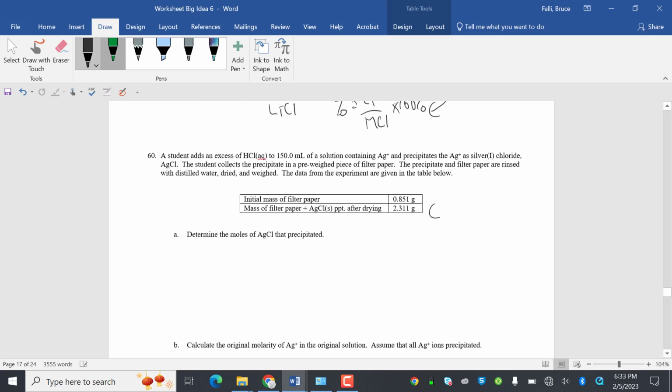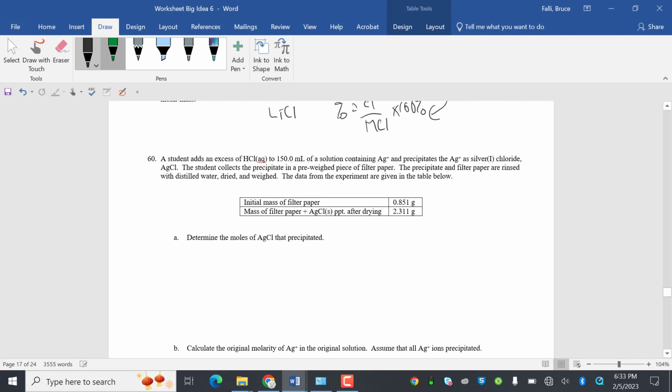All right. A student adds excess HCl to 150 milliliters of solution containing Ag positive ion and precipitates silver chloride, AgCl. The student collects the precipitate in a pre-weighed piece of filter paper. Precipitate and filter paper are rinsed with distilled water, dried, and weighed. The data from the experiment are given in the table below.